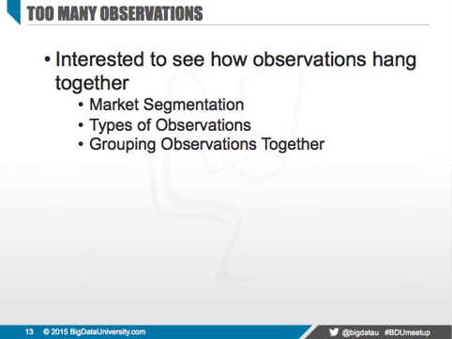So to recap, there are two main problems and there are two main questions. If you have lots and lots of observations, you might be interested in how those observations hang together. So the questions of market segmentation or the types of observations come to mind quite easily. When it comes to market segmentation, you might be looking at the groups of customers who might be interested in your products.